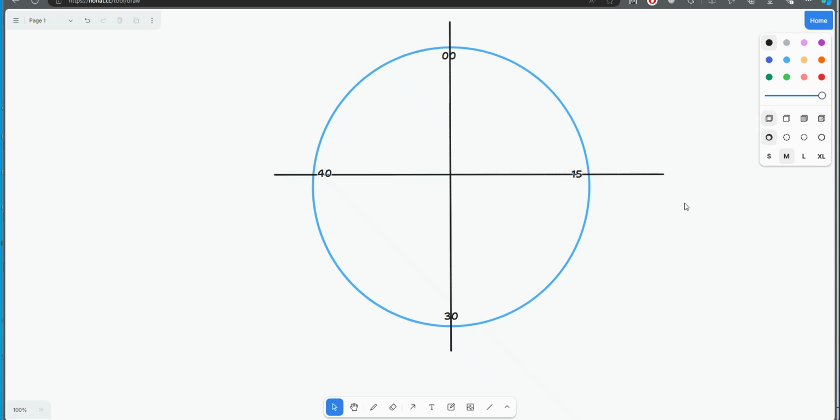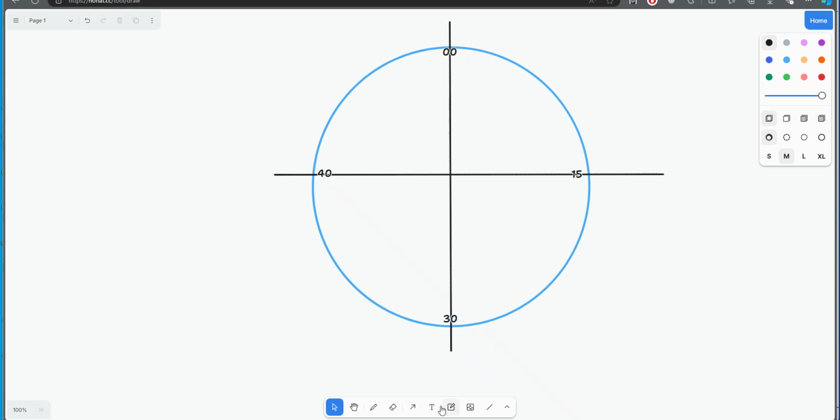Let me delete this and put it again so that it's above. Yeah, you see now it's above. Okay, guys.